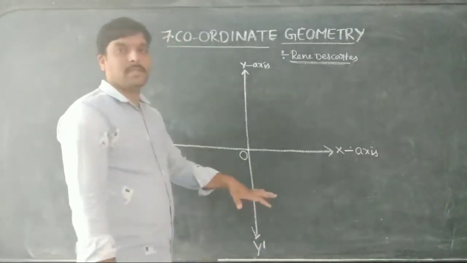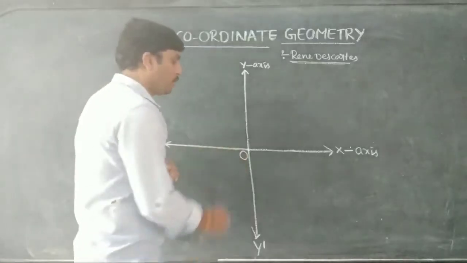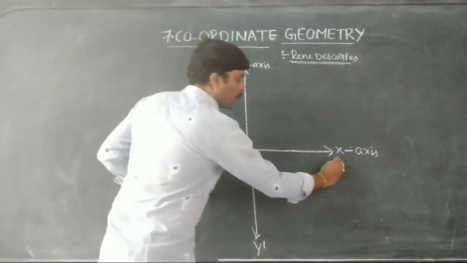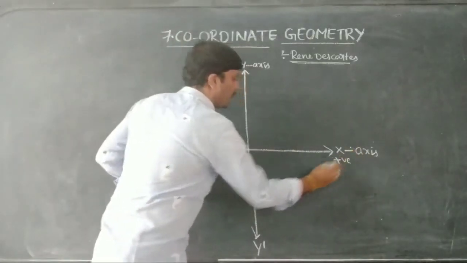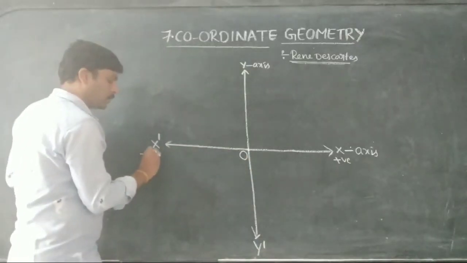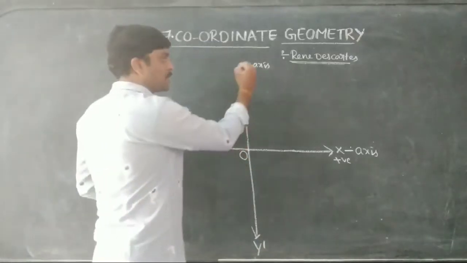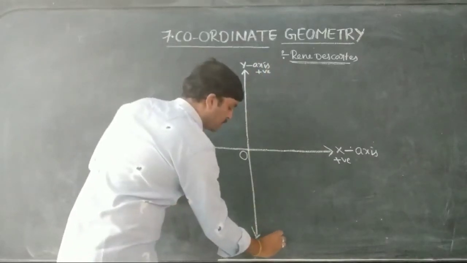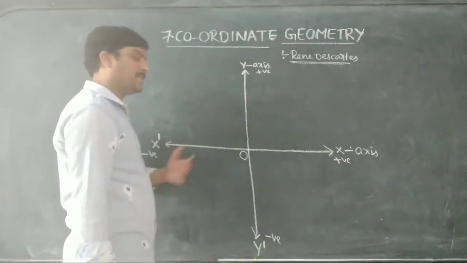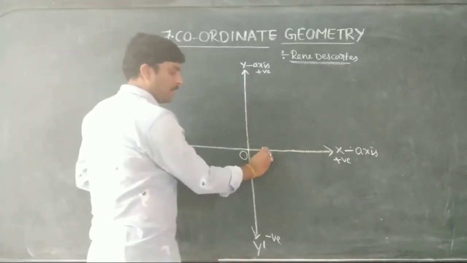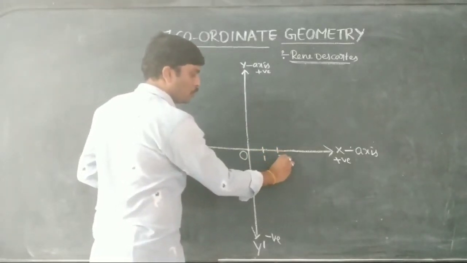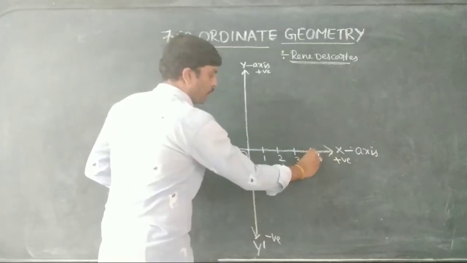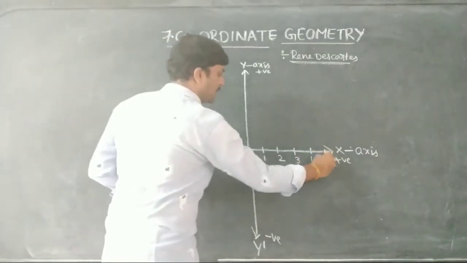Now this is the Cartesian plane. On the x-axis, the right side has positive values and the left side has negative values. On the y-axis, the top is positive and the bottom is negative. Let us represent on the line. Here it is 1, 2, 3, 4, 5 and so on.